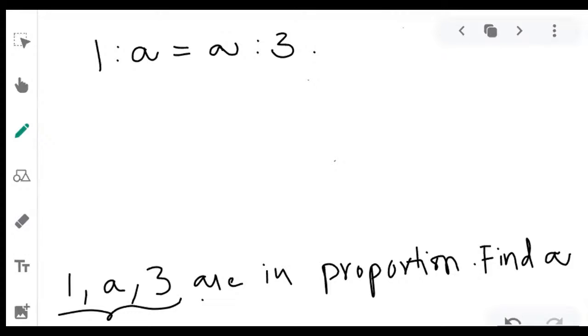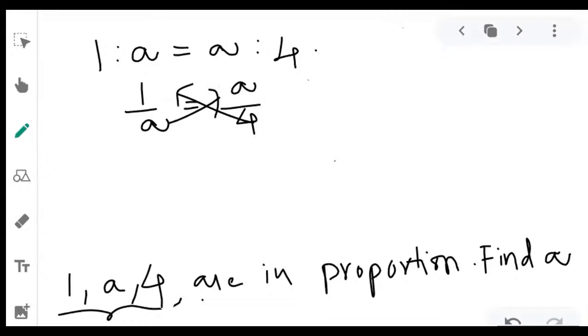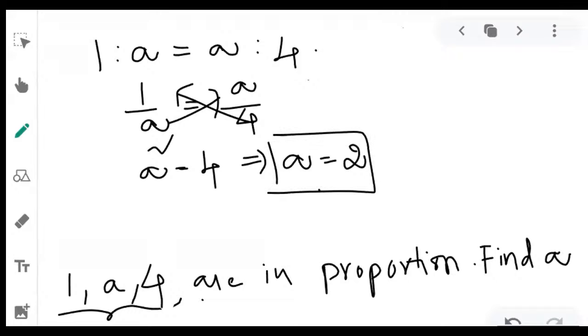All right. Then what is the value of a here? A is equal to 2, ma'am. So 1 by a equal to a by 4. On cross multiplying, a square is equal to 4. So a equal to 2. Right?